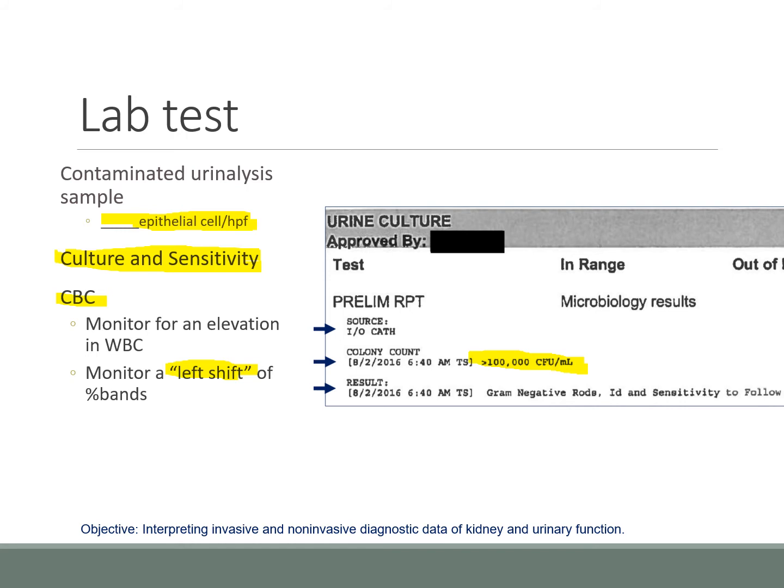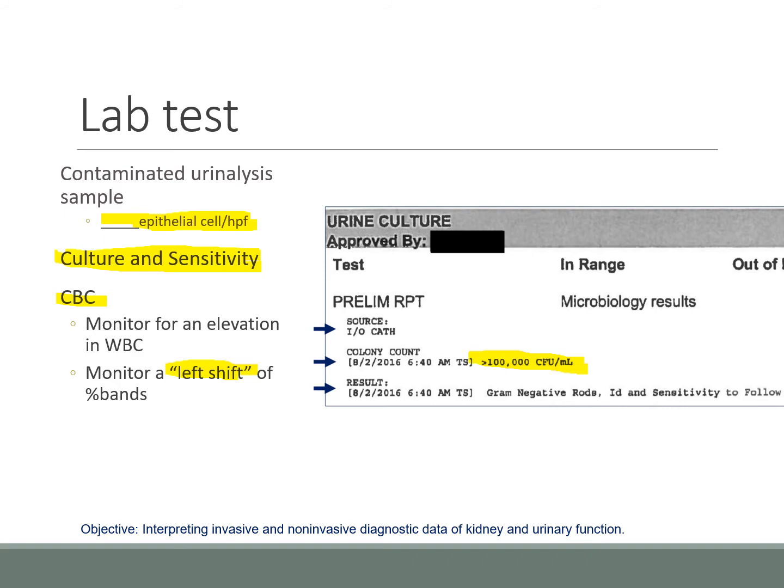So we're going to see a rise in the band cells, or how I like to say, the baby blood cells, because they're not ready yet, they're not mature, but the body thinks that they need to get them into the bloodstream faster. And we call that a left shift. And a left shift doesn't occur unless a complicated UTI and/or urosepsis is present.